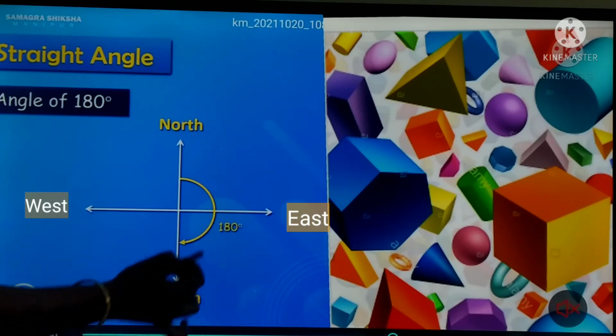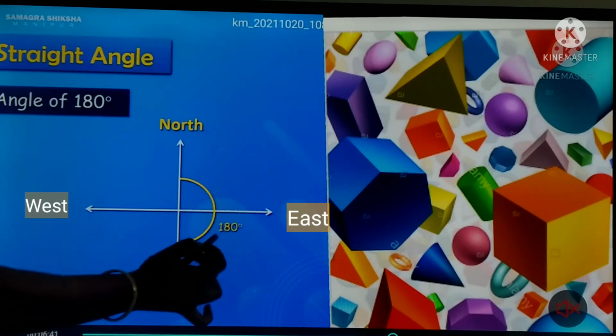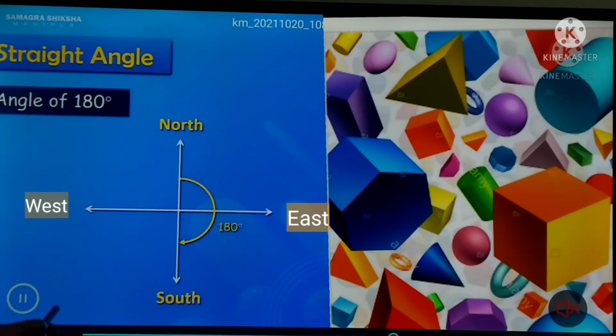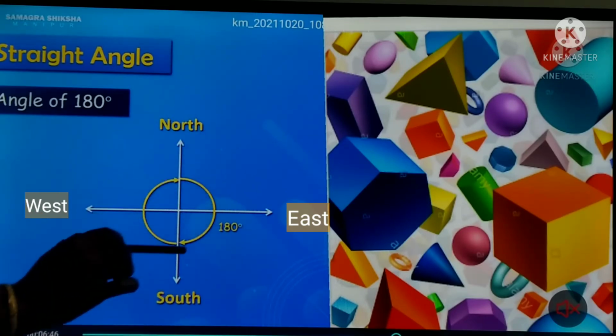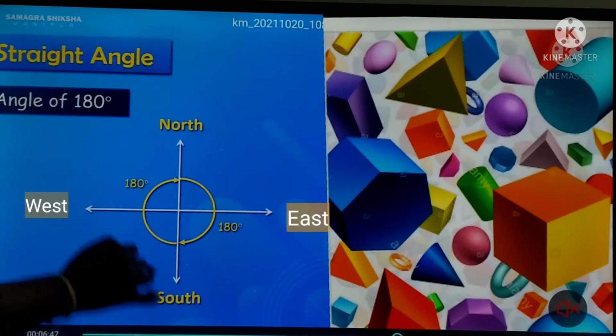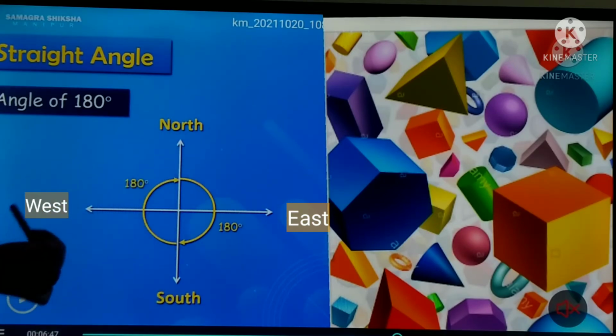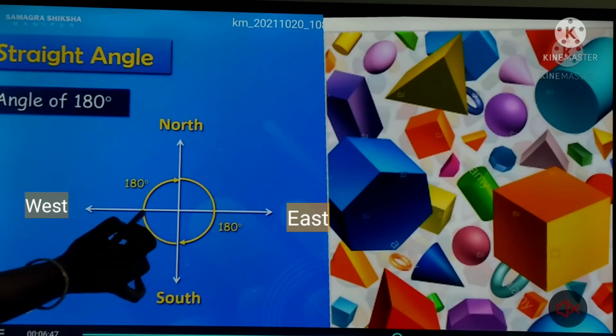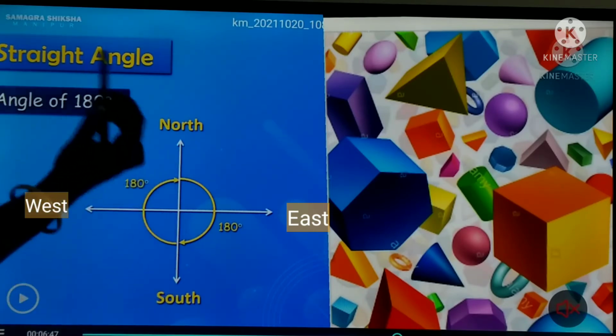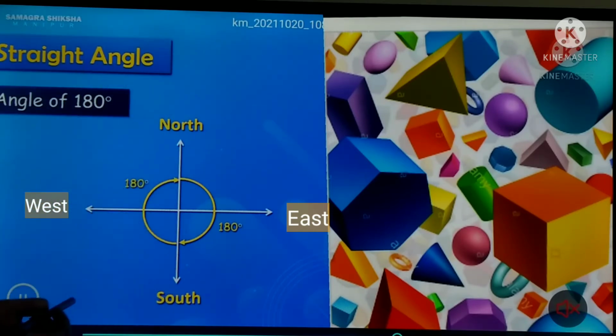East to south, it is again 90. So 90 plus 90, it is 180 degree. Understand? From north to south, it is 180 degree. Again, south to north, what is the measure? Yes, it is also 180 because south to west, it is 90. West to north, again 90. So 90 plus 90, it is 180.